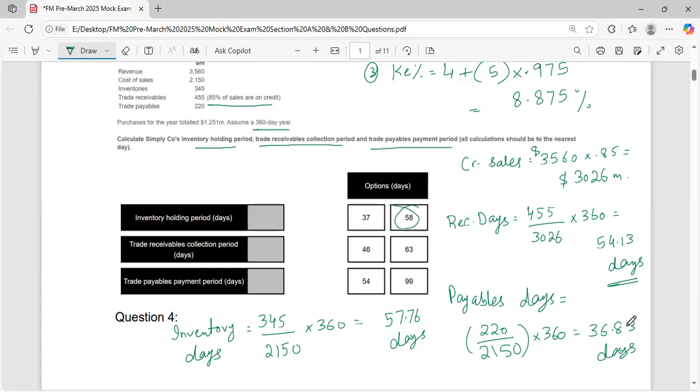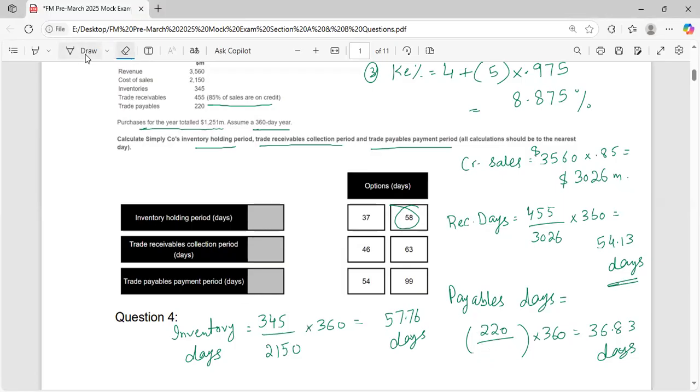Payables days are 37. But in front of payables, we have 54 days. We will correct our payables days because purchases are given as 1251. I mistakenly used cost of sales.